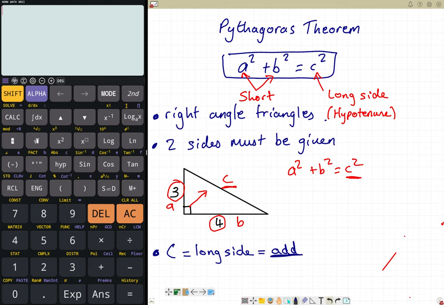Just remember that. If you're trying to work out a short side, A or B, you subtract. I'll show you what I mean.